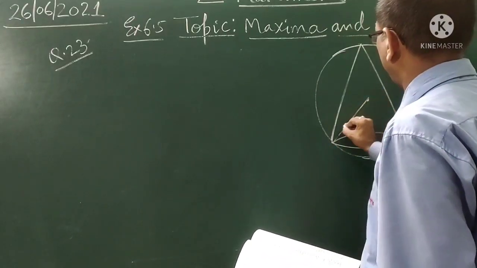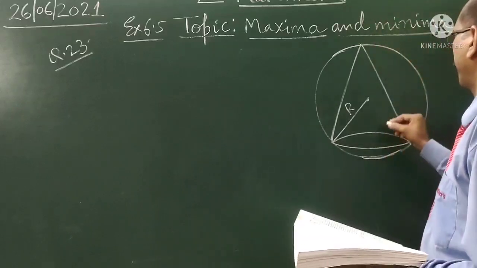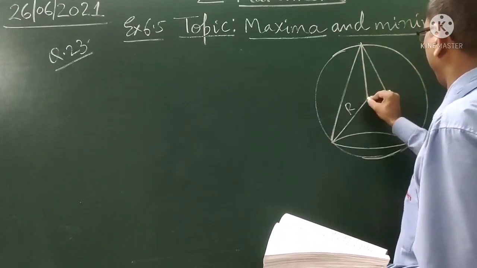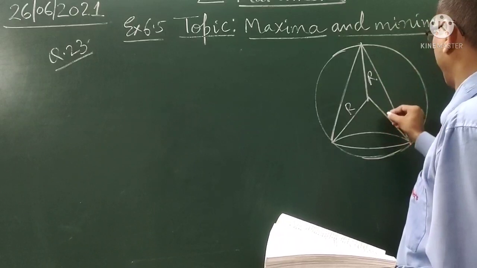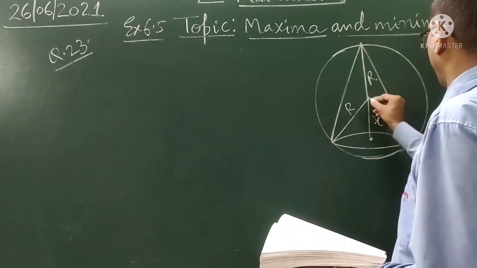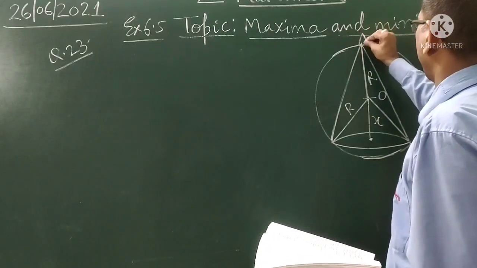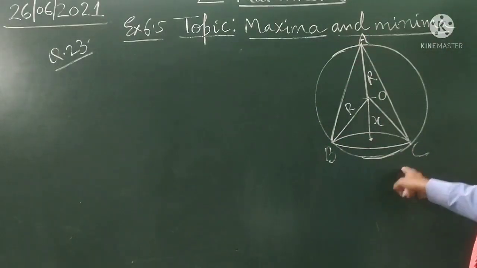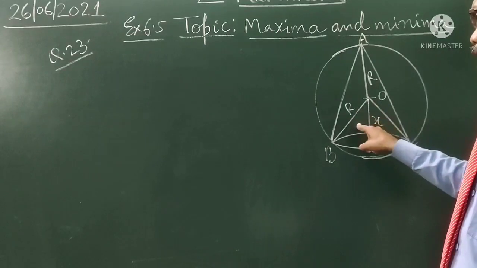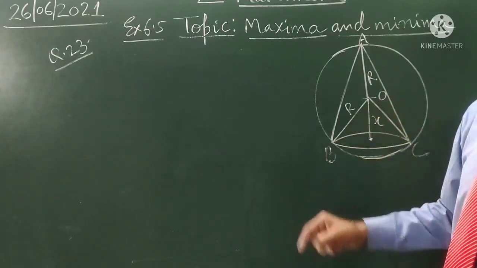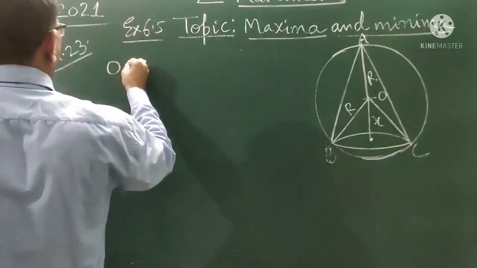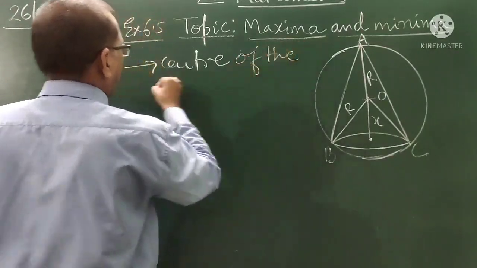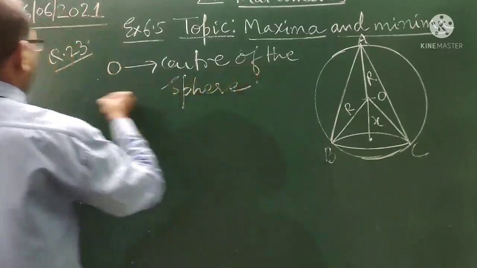The radius of the sphere is capital R. ABC is the cone which is inscribed in a sphere of radius R. O is the center of the sphere. Now see the solution.